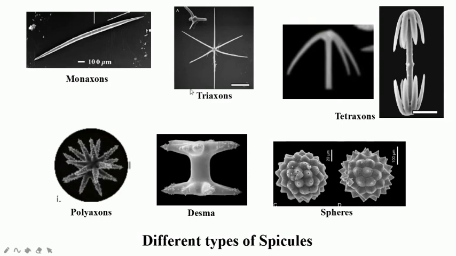Triaxons means they have three axes. The first is this axis, second is this axis, and third is this axis. So it is not that these have 6 rays but 3 axes.